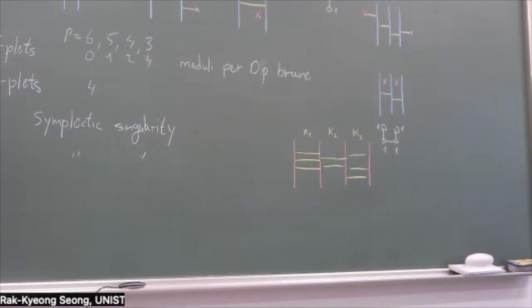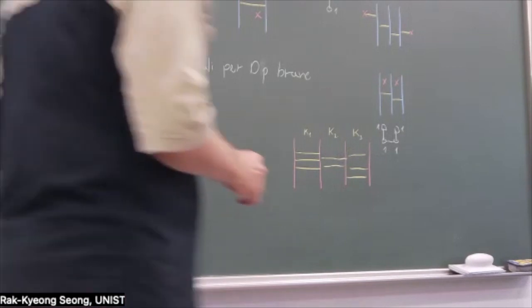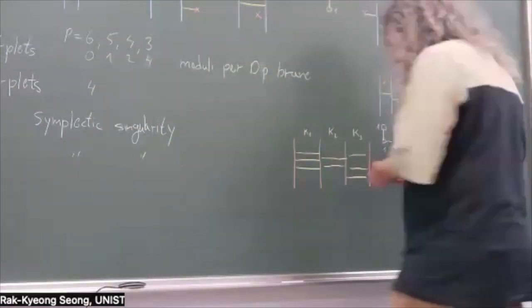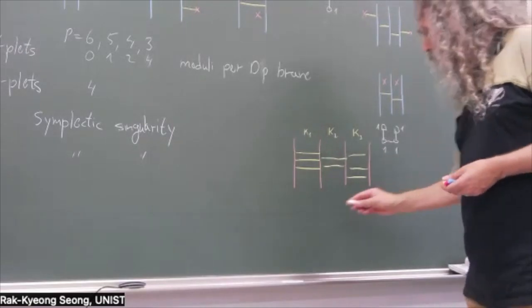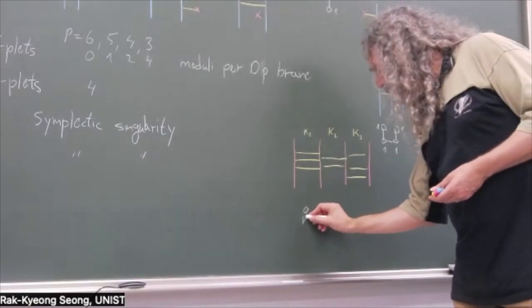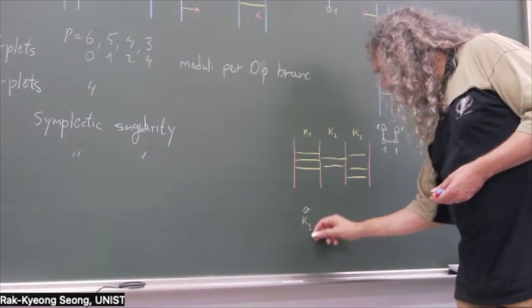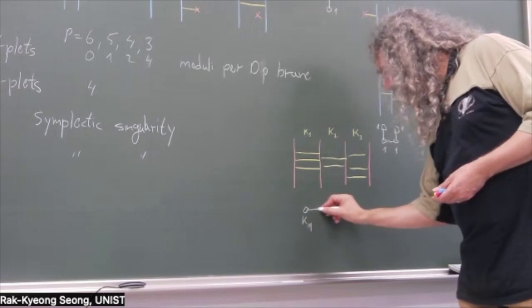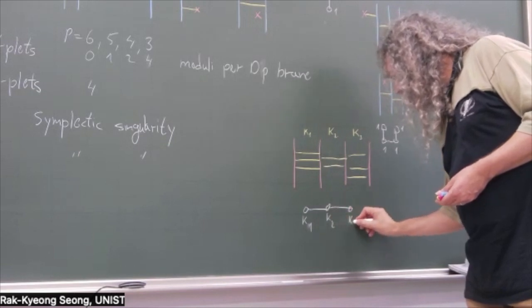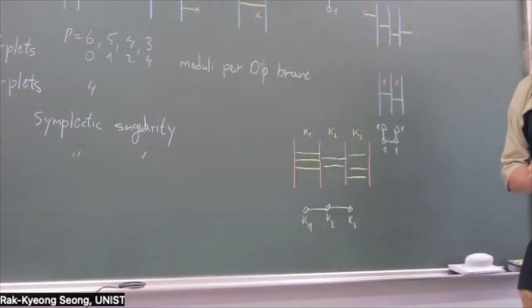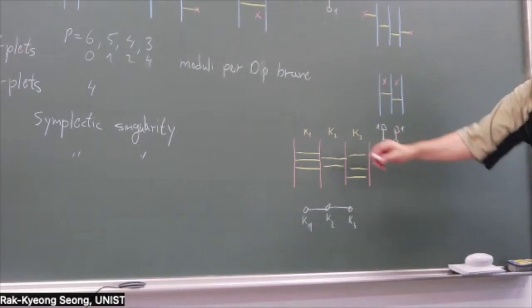So when they are all together, I have a U4. The quiver will look like K1, K2, and K3. K1. Like this.